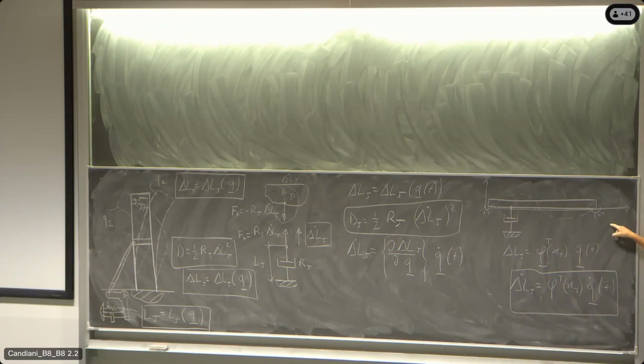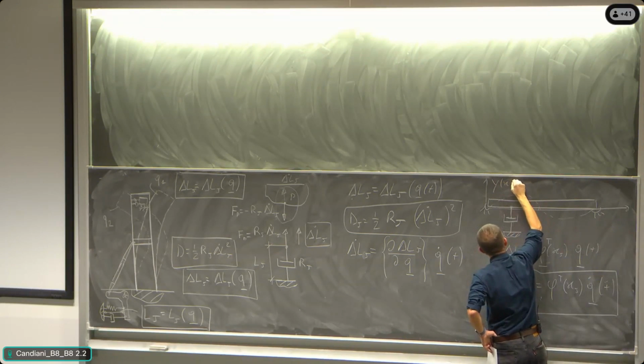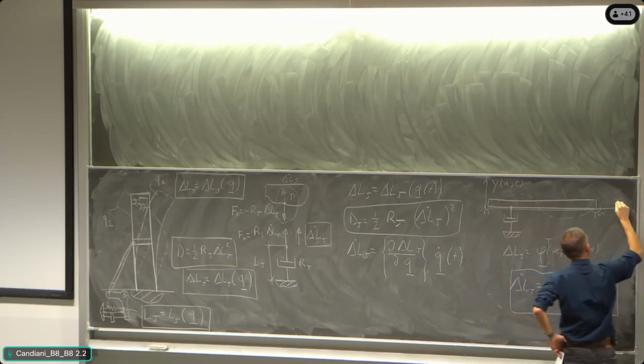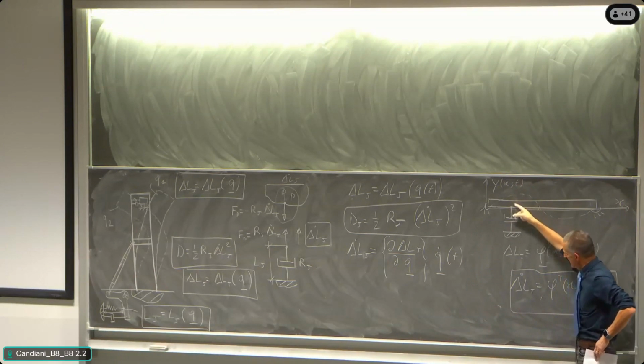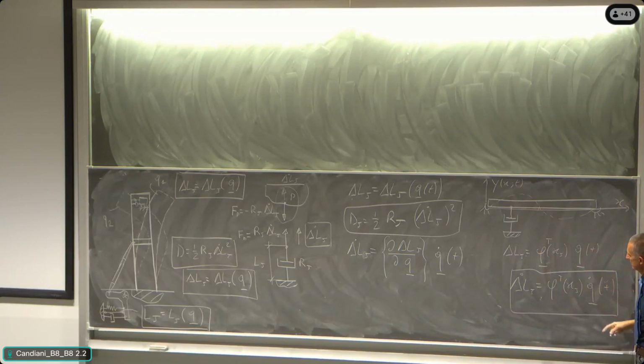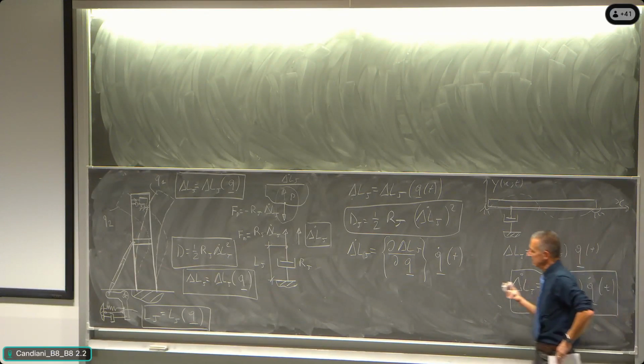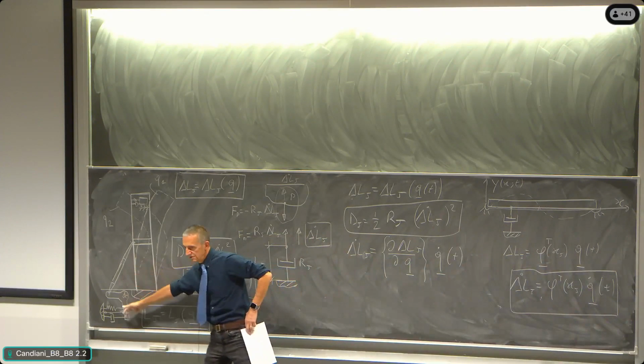So this case here is very simple. Here we have y, function of x and time. This is x. The elongation of the damper is simply written here as the modal shapes calculated at the location, phi j, multiplying the principal coordinate. That's it. And the velocity of elongation is, again, the modal shapes multiplied by the derivative with respect to time of the principal coordinate. But generally speaking, we could have the mechanisms in here.